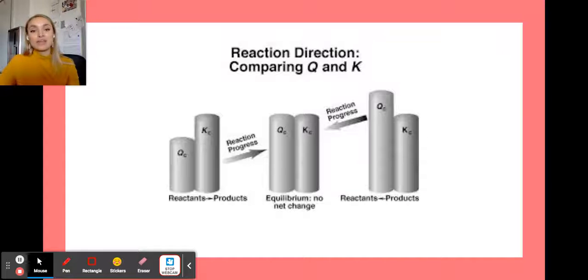If, however, we have a Q value, our reaction quotient, that is larger than our K value, our equilibrium constant, our reaction will proceed to the left. That means that we have more products than we will have at equilibrium. So that means that we need to see the reverse reaction. And if that is the case, what you will need to do is use the opposite sign in your change row.